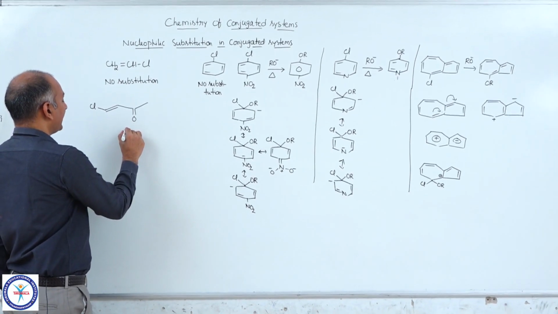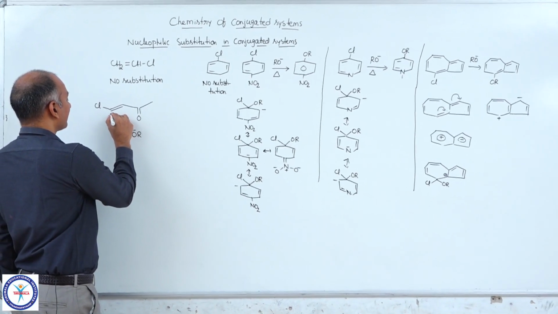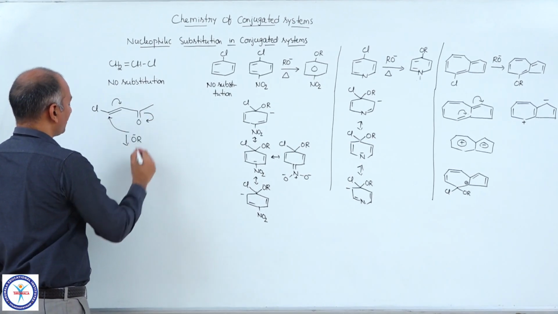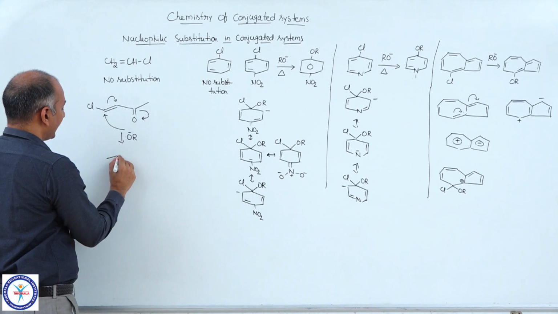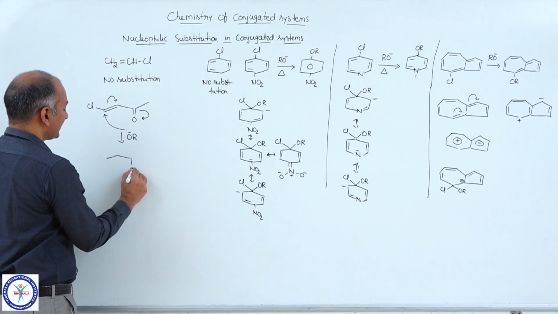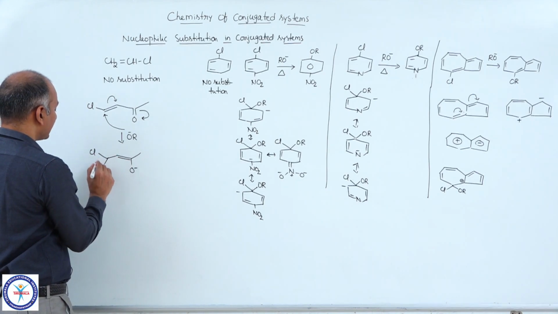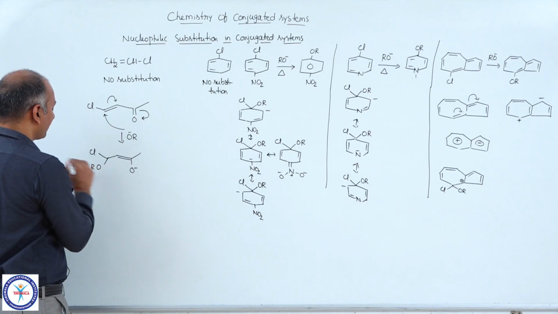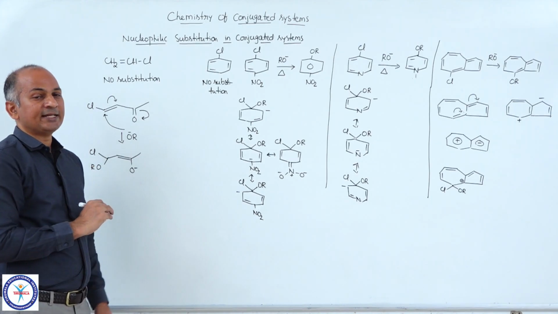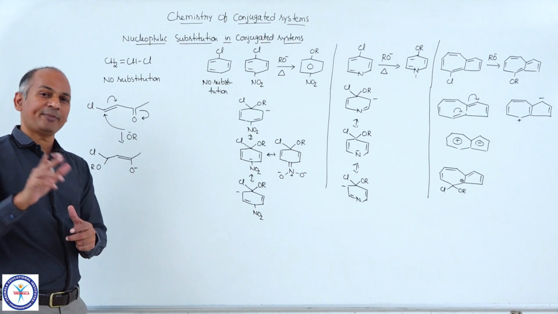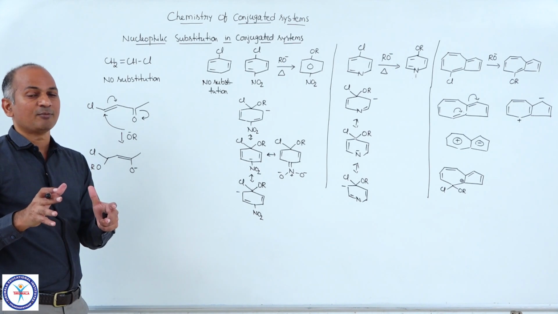Now this OR minus attacks here, this bond is broken and this bond is also broken. As a result, you will get an intermediate that is O minus, and here double bond. Here we have Cl still attached, and here OR. Now you know, once C double bond O is broken, it is always better to reform it because it is a very strong bond.